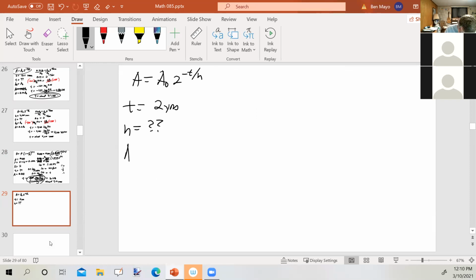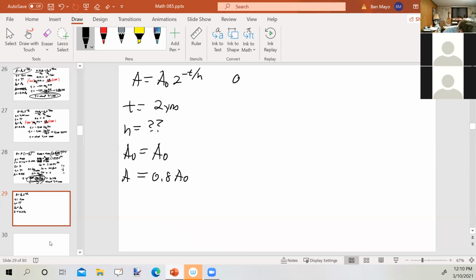Well, let's see. We've got the beginning amount and the ending amount. It says 20% of a radioactive element decays. So the beginning amount is the beginning amount. The ending amount, if 20% decays, we have 80% left, right? Okay.